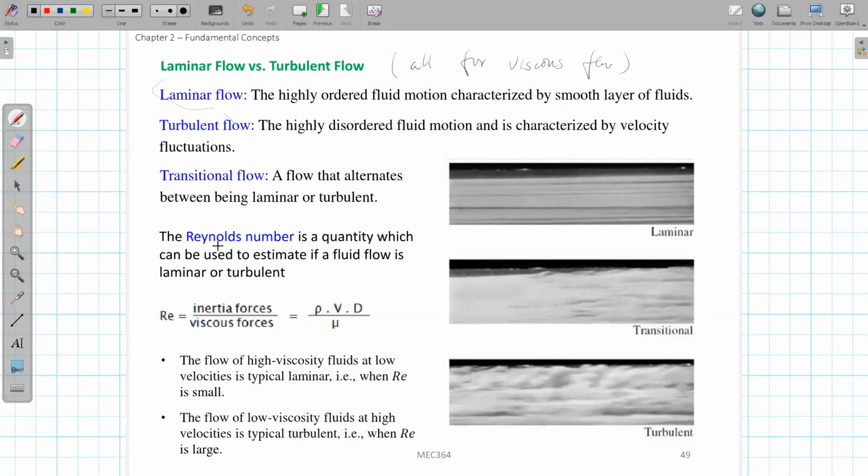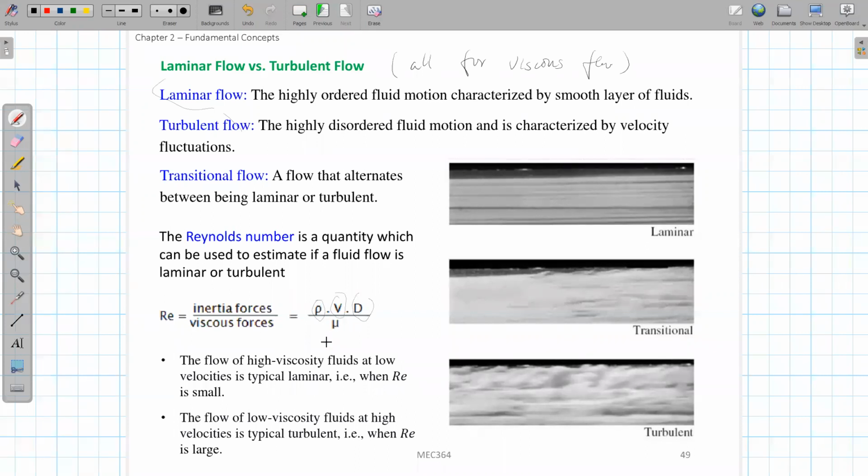And there is another parameter which we will introduce later on, with which you can characterize whether the flow is laminar or turbulent. It's the so-called Reynolds number. Reynolds number is defined by the density of the fluid times the velocity of the fluid times the fluid's characteristic length. If it's pipe flow, it will be the diameter. If it's flow over a plate, it will be the plate length, divided by the viscosity.